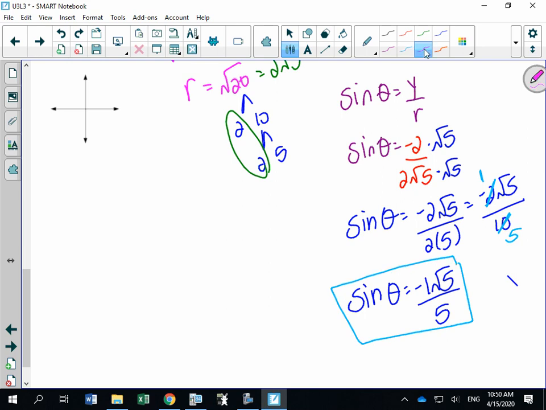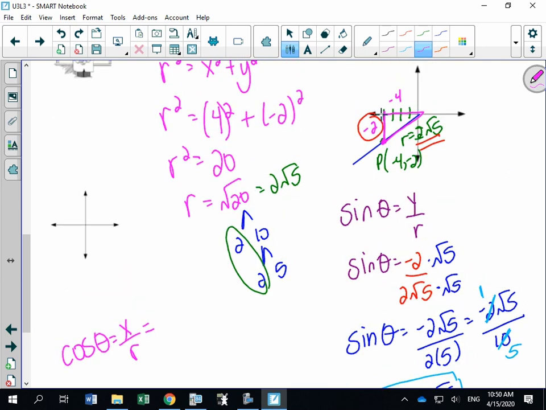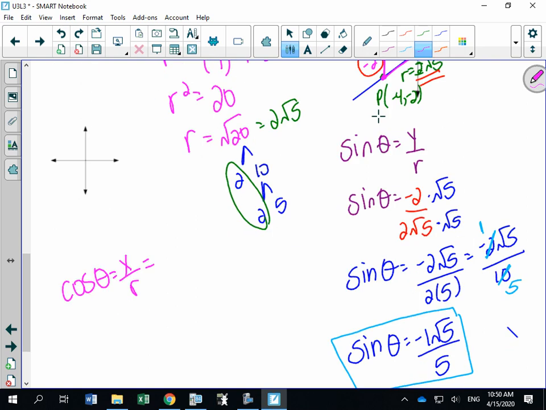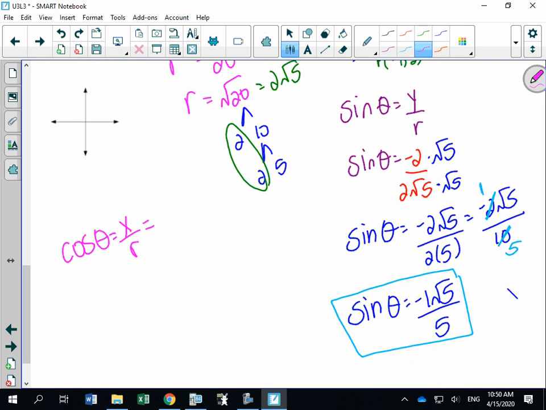If they asked what the cos of theta would be: cos is x over r. What's my x value? On here, x is negative 4 over 2 root 5, which is my radius. Let's rationalize by getting rid of that root 5 in the denominator.